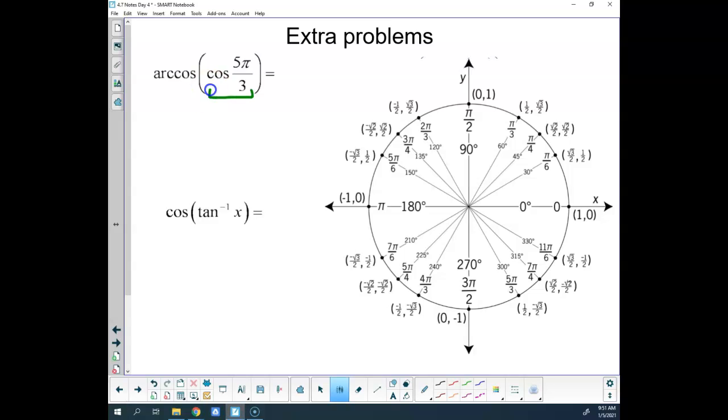So the cosine at 5 pi over 3 is 1/2. So this is really the arc cosine of 1/2.